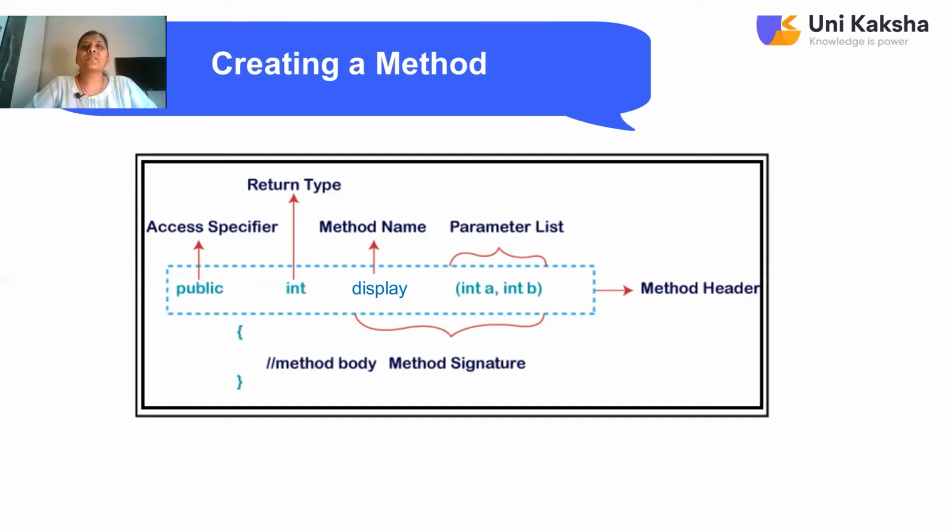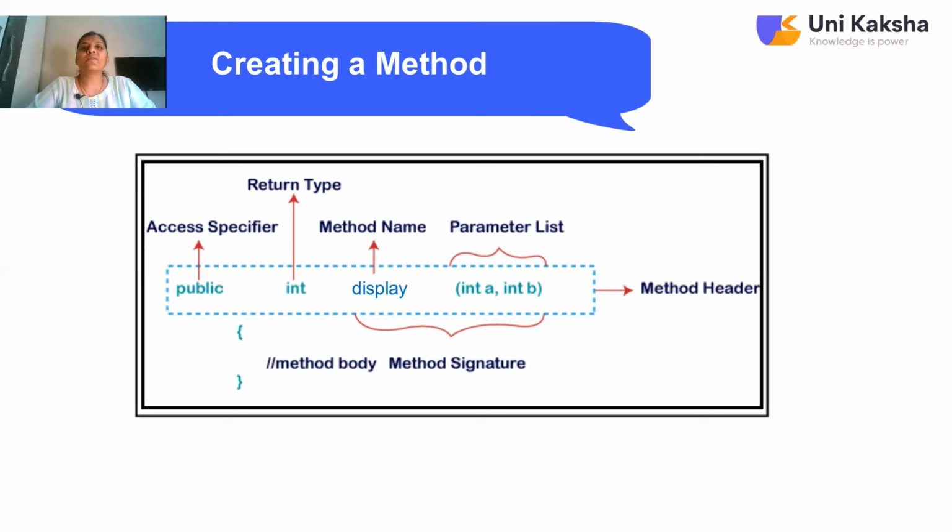So this is the syntax for writing methods. Along with the example, I'm going to explain all these things in detail, but here, just take a review of how methods can be written. The syntax is: first you have to specify the access specifier. It can be public, protected, private, or default.